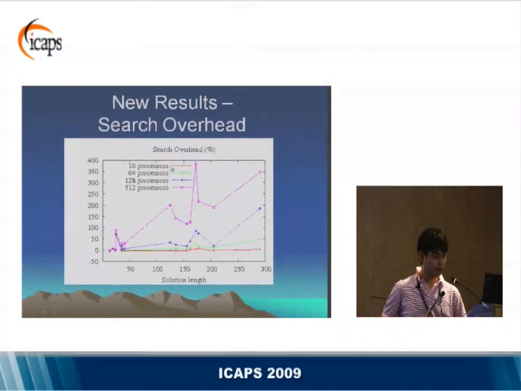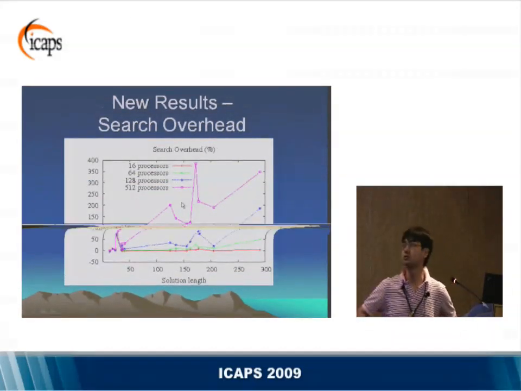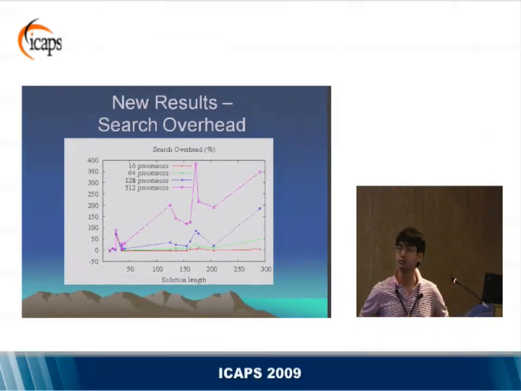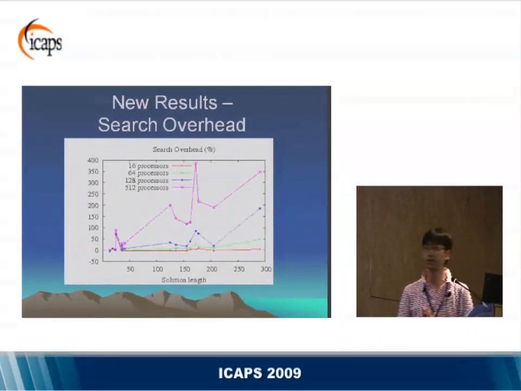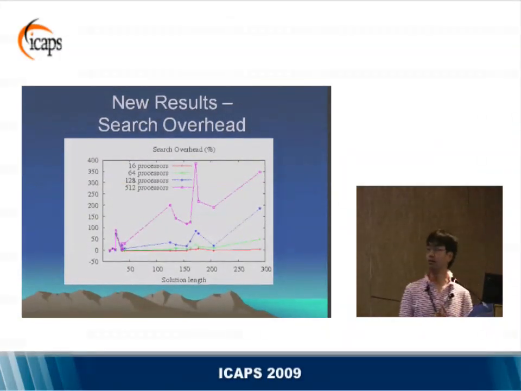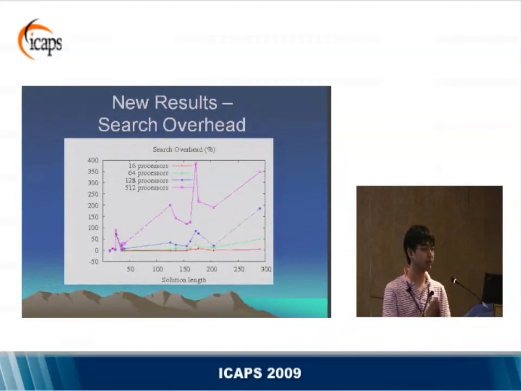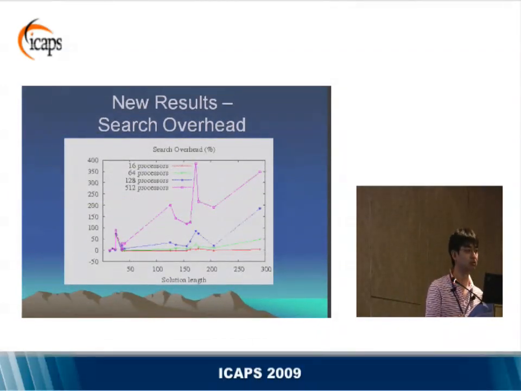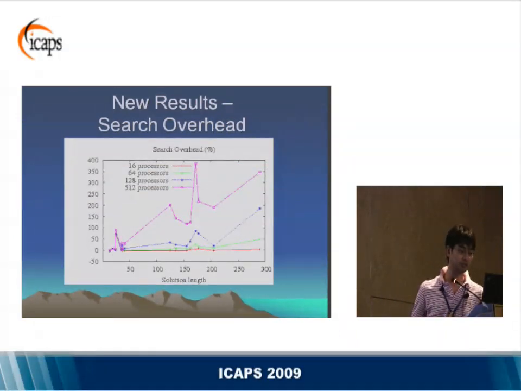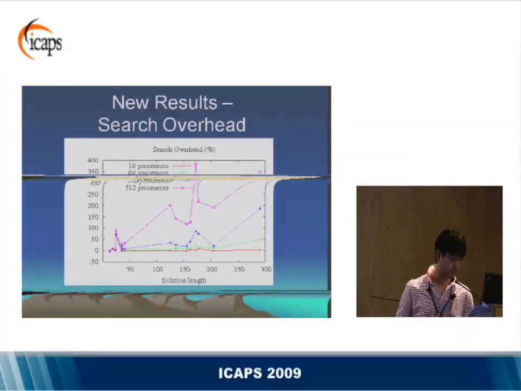This is not so surprising to me because the branching factor in these problems is something like between 2 and 3, and each processor needs a lot of speculation because each processor knows only its local operators. As a result, the search overhead increases.